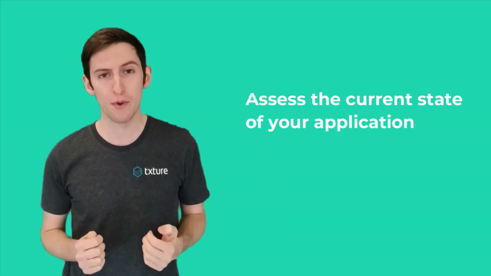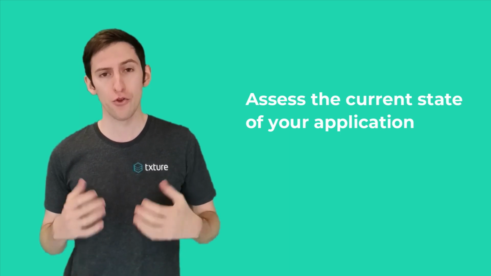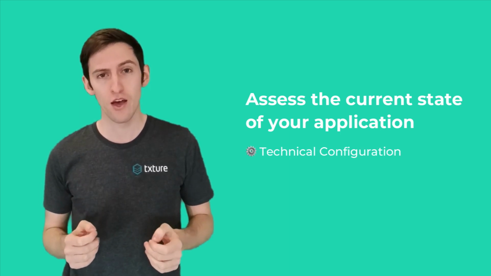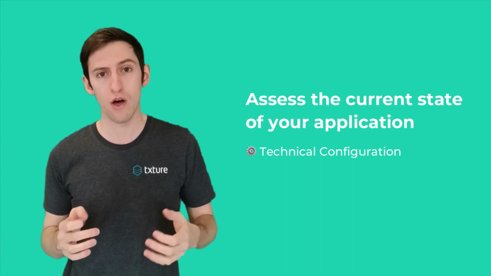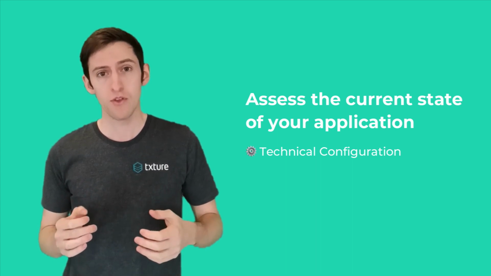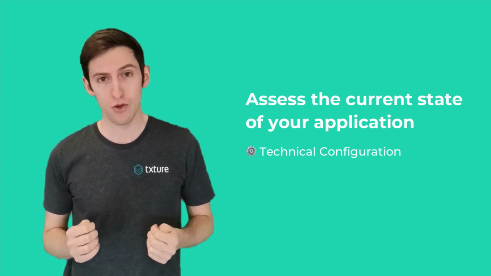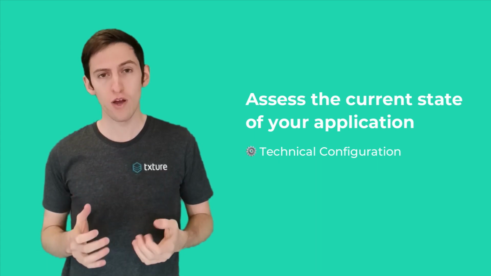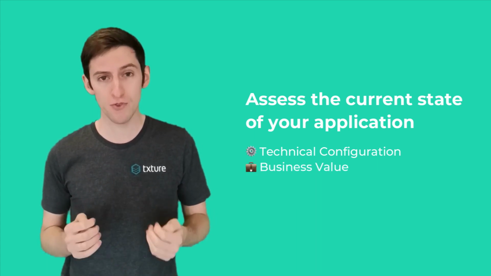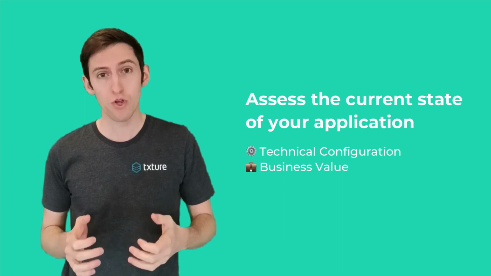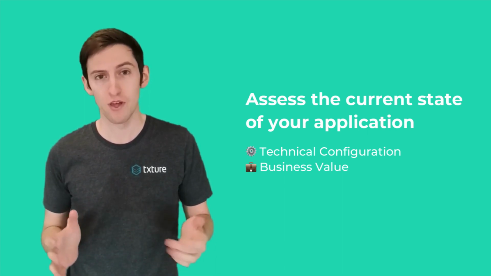If you want to move an application to the cloud, you must analyze its technical configuration and its dependencies on other IT assets. But it's not just about the technical configuration. You must also understand why the application is important from a business perspective. Which business capabilities are supported by the application?